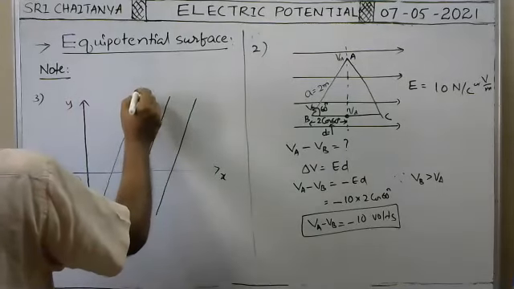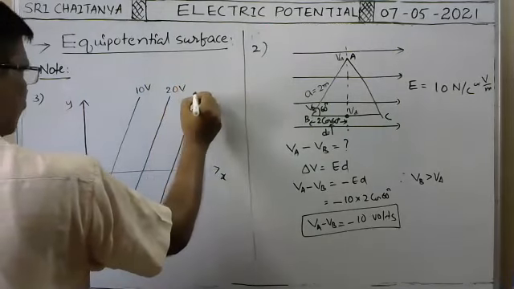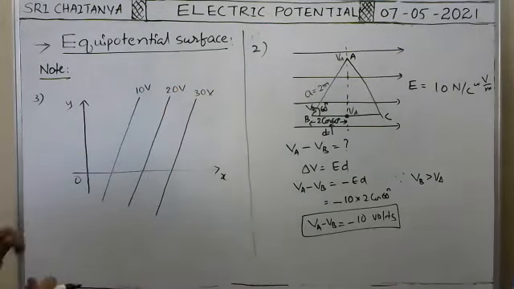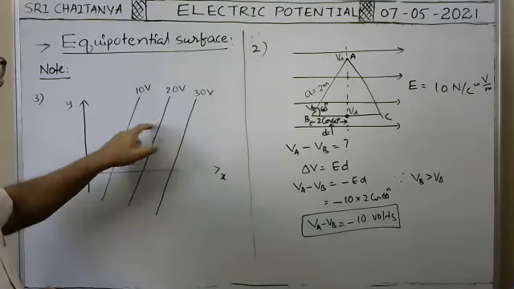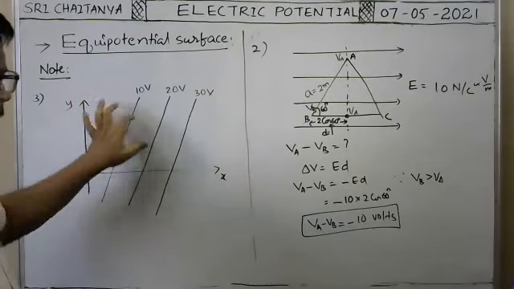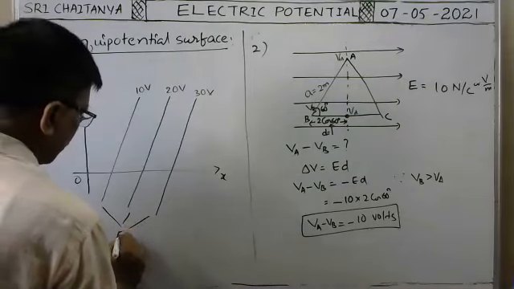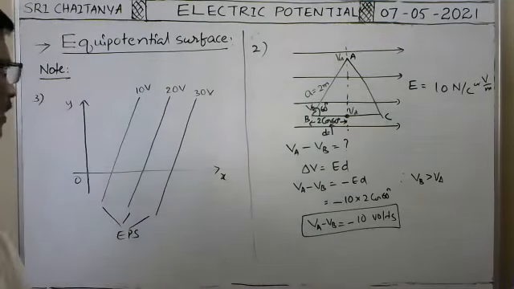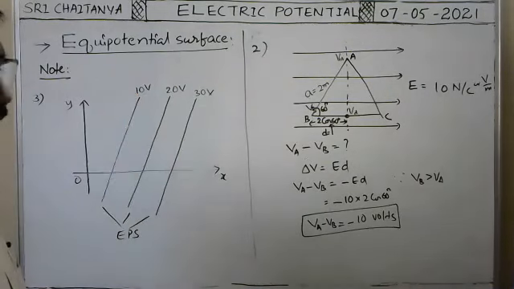Here at this point the potential is 10 volt, here 20 volt, here 30 volt. That means the potential difference between any two adjacent equipotential surfaces, that is 20 minus 10, means 10 volts. These are the equipotential surfaces, EPS. So the potential difference between these two, all are the same.